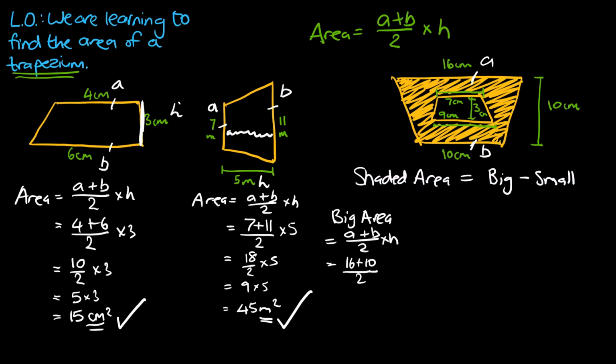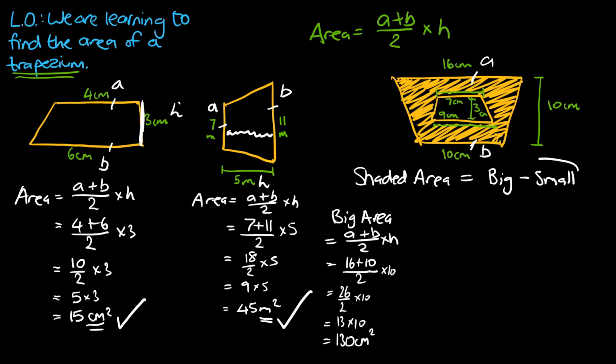That's then going to be multiplied by the height, which is 10 centimeters, times 10. So that's going to become 26 divided by 2 times 10, which is 13 times 10, which is 130 centimeters squared. So that's the area of the big shape, and it does include that middle portion there.